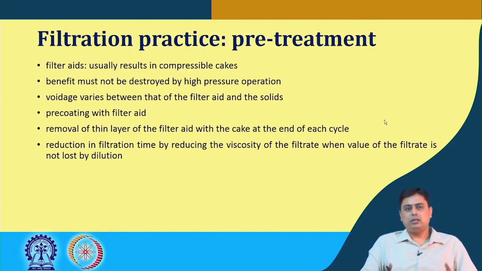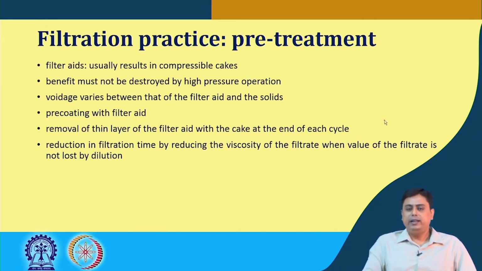And the bed voidage typically varies between the two extremes of bed voidage created by the filter aid and by the solids only. Several researchers have shown that by adding these filter aids, the bed voidage can be as high as 0.85.